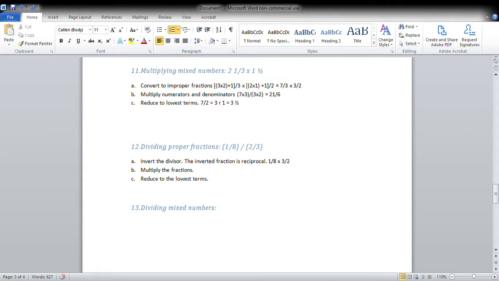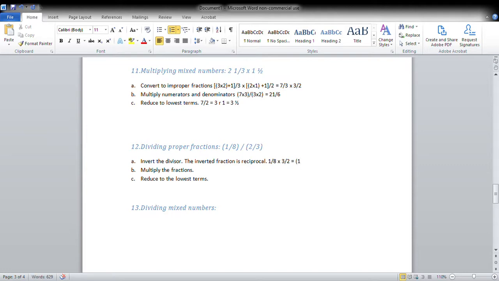So again, the divisor, 1/8 divided by, I'm sorry, 1/8 divided by 2/3. The divisor is the number that is getting broken up by the number that we're dividing into it. So from here, it's pretty easy. Remember, we multiply the fractions. So we changed it from a division problem to a multiplication problem.